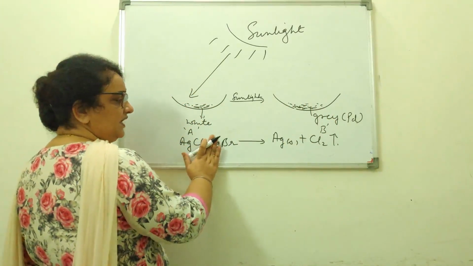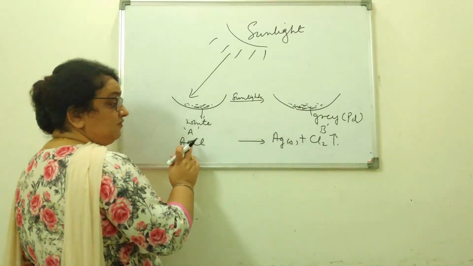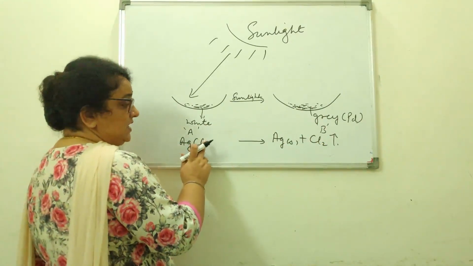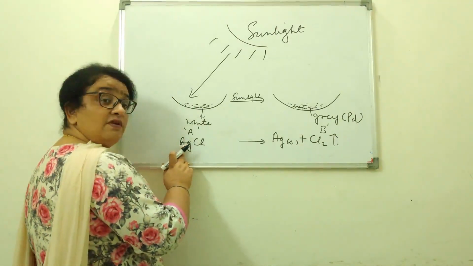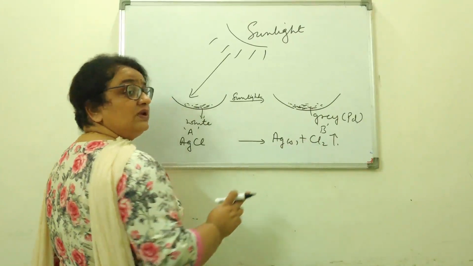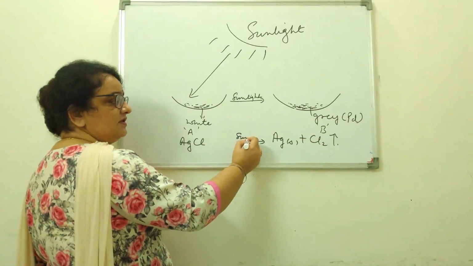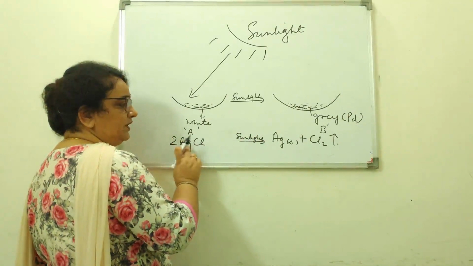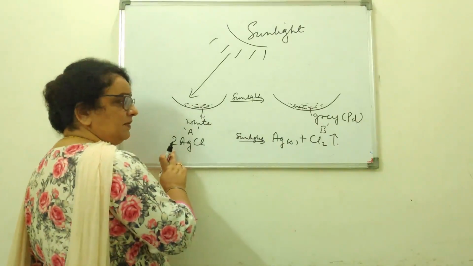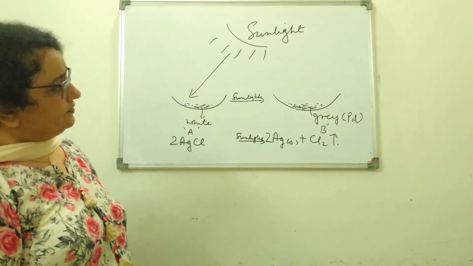Balance it. If it is silver chloride, then it is chlorine gas. And if it is silver bromide, then the gas will be bromine gas. Here I am taking silver chloride, sunlight, and balance it. 2 chlorine, silver becomes 2. Here also it becomes 2.